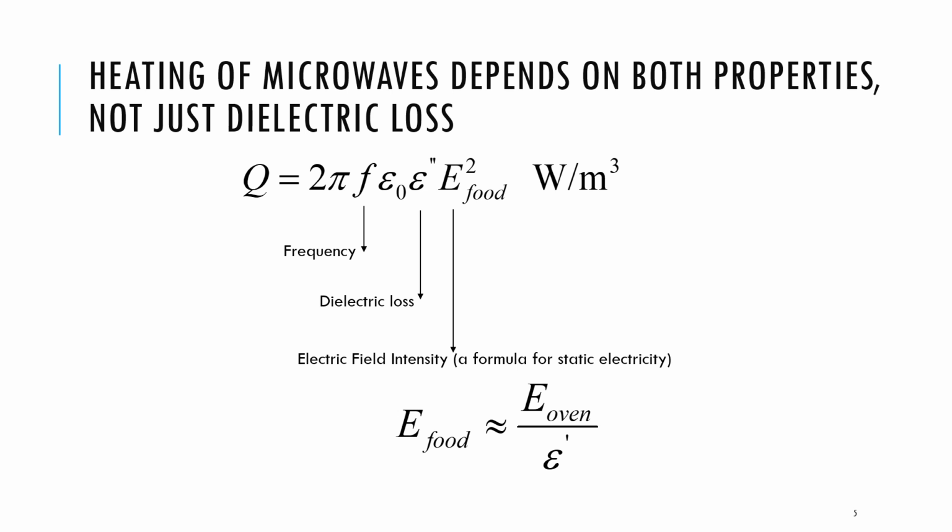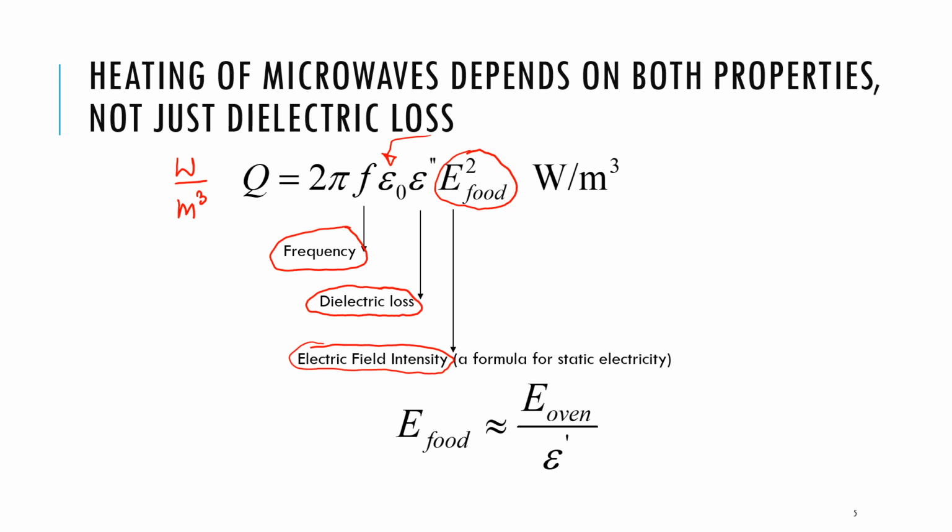So here Q is the heat generation, let's say in watts per meter cube, and that is equal to 2 pi f epsilon 0 epsilon double prime, multiplied by the magnitude of the electric field at that location squared. Here f is the frequency of the microwaves we're talking about, epsilon 0 is a universal constant, the permittivity of free space, and epsilon double prime is the dielectric loss that we just talked about, and E squared is the electric field intensity.